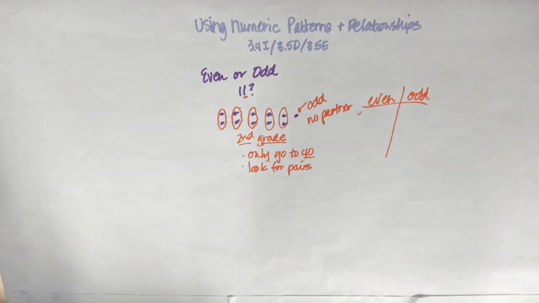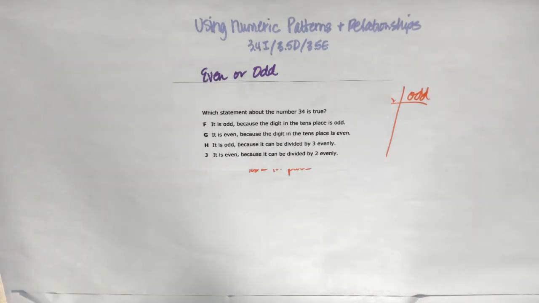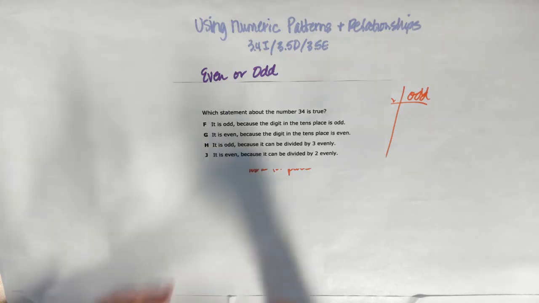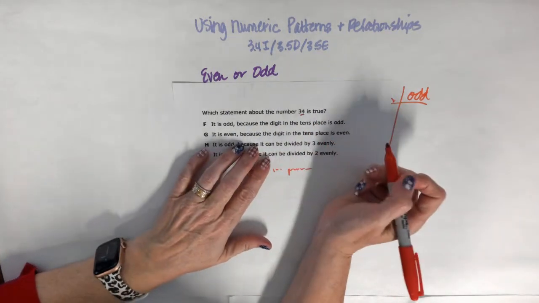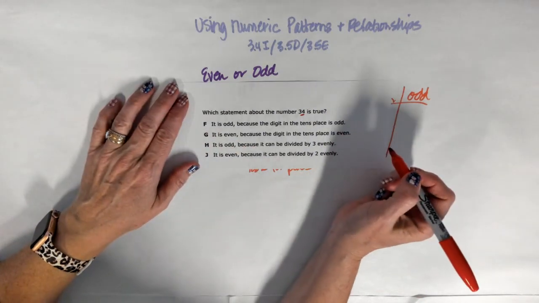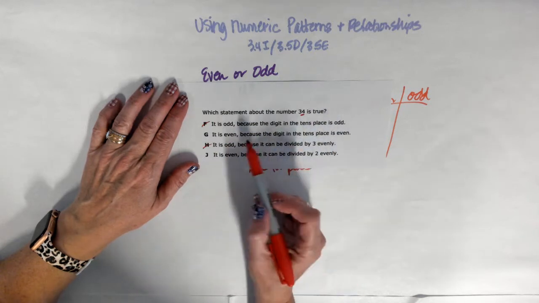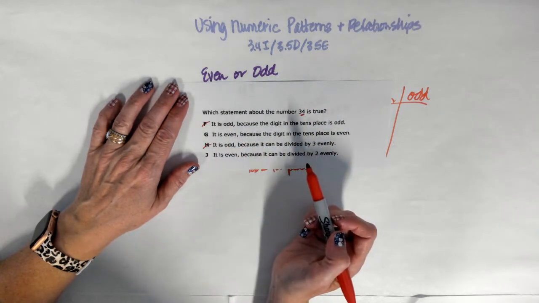I want to look at a star question with you for this TEK, because this one tends to throw kids off. We can look at this and say 34, once we've discovered the rule, we know it's even because the ones place has an even number. But then I have to know why. I know it can't be the odd ones, but there are 2 answer choices that are even.